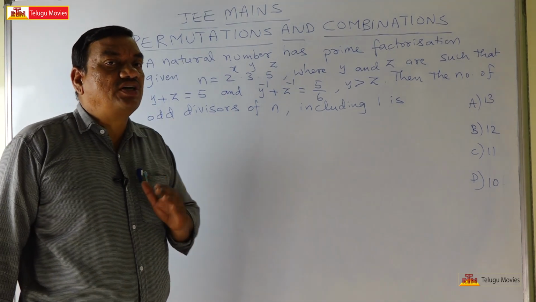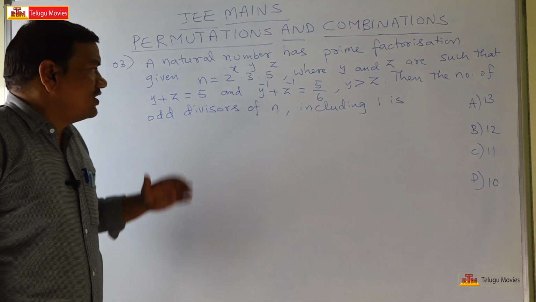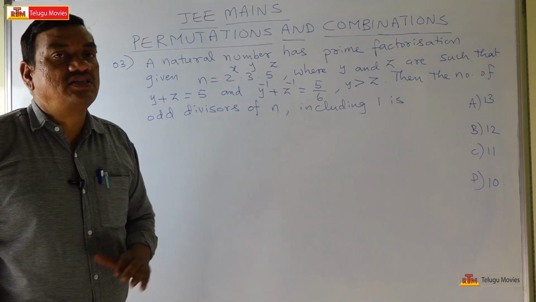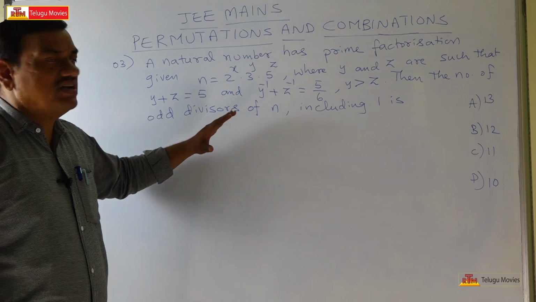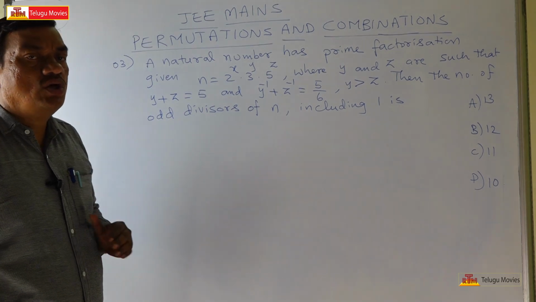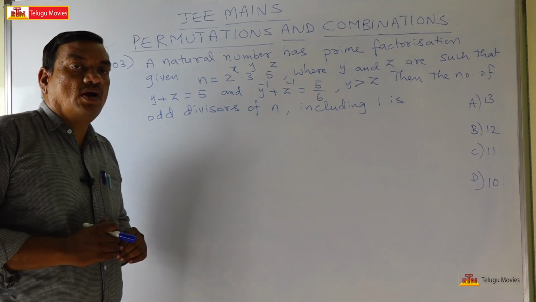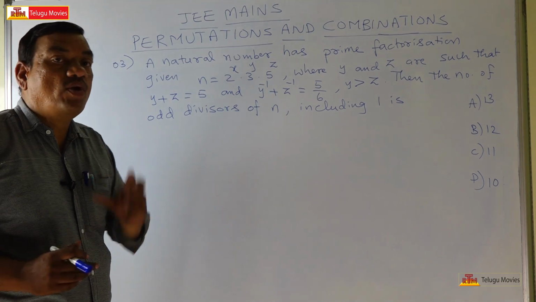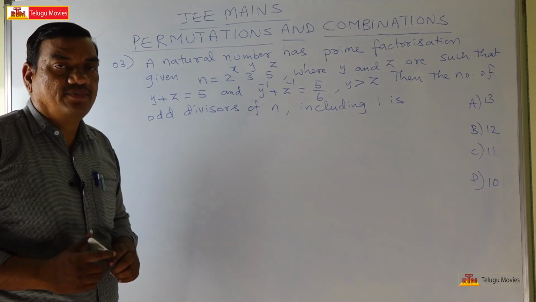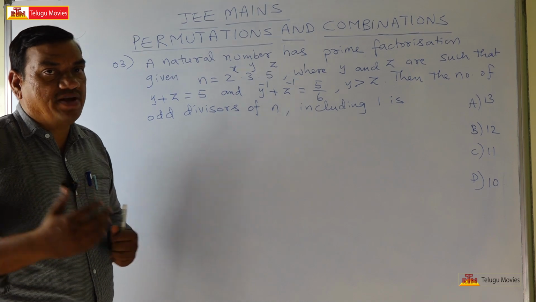So first try to understand this problem. First of all, he is asking for the total number of odd divisors. Okay, from the total number of divisors, we will get the odd divisors. To do this problem, you should know one basic concept. First I will explain that basic concept.